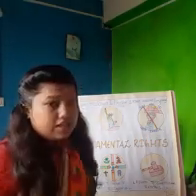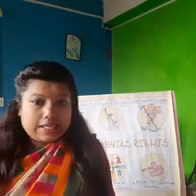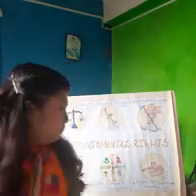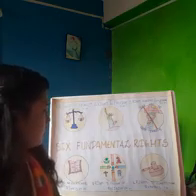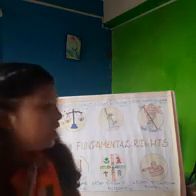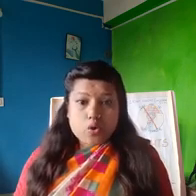Okay, next, right to freedom of religion. Right to freedom of religion comes under Article 29 to 30. Here right to freedom of religion means each and every person has the right to follow their religion by their own choice.